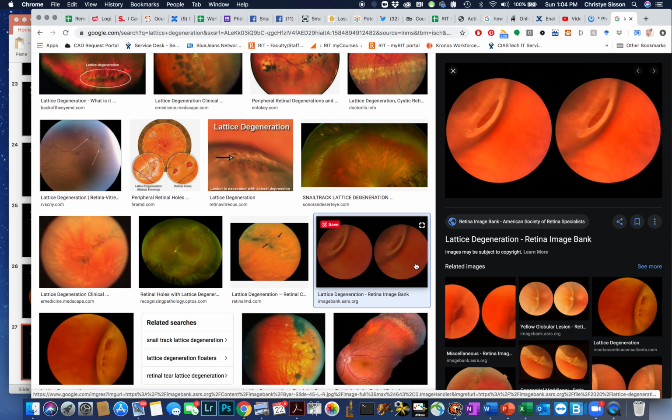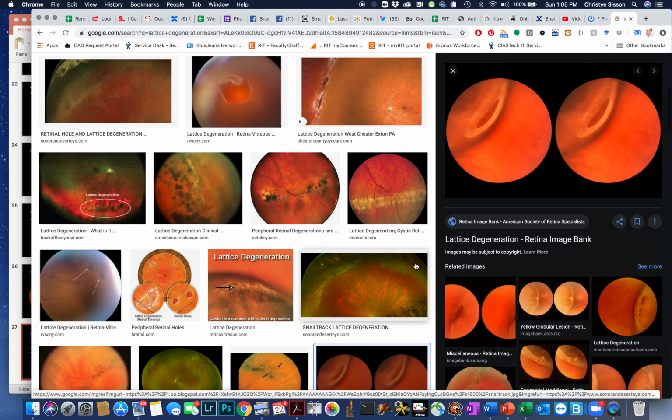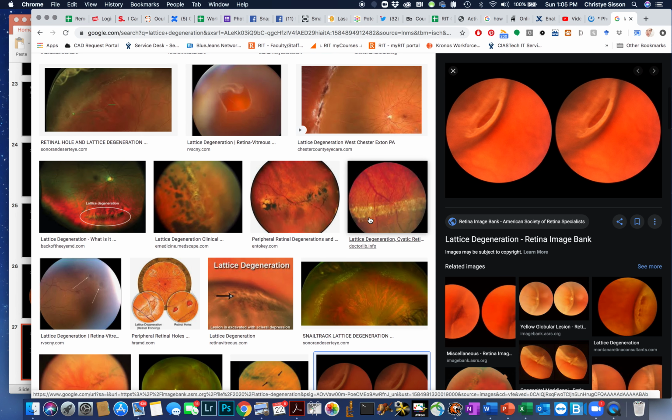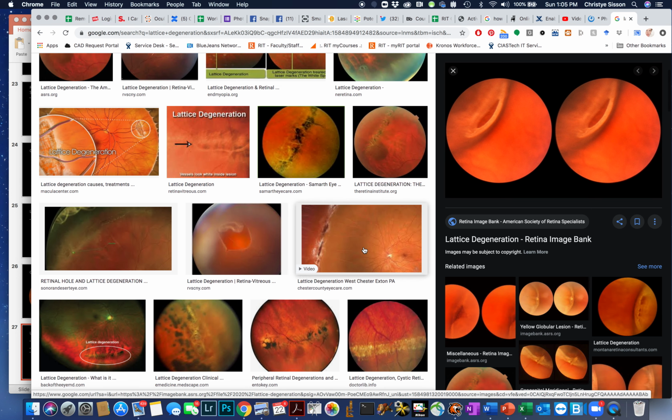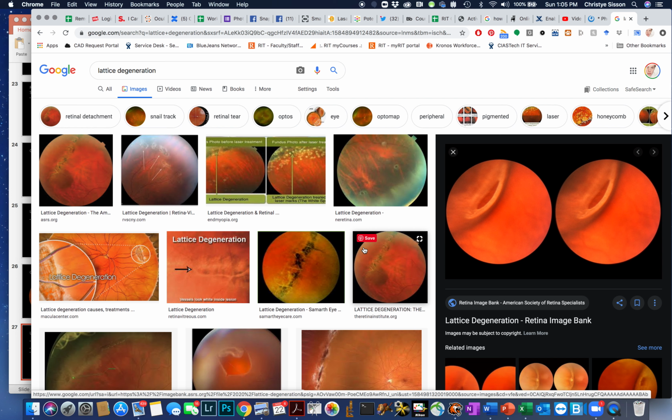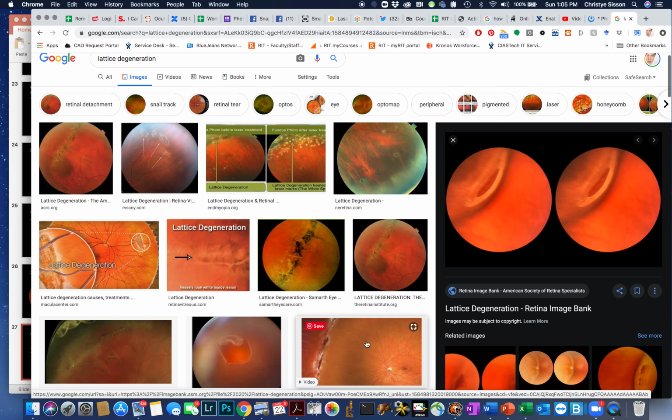But it's still helpful for you to gain some kind of visual familiarity, some kind of pattern recognition with these different signs and symptoms, because they do present differently depending on the person, depending on what other diseases they may have, what their pigmentation may be, etc. So it's a really good thing to get that familiarity.